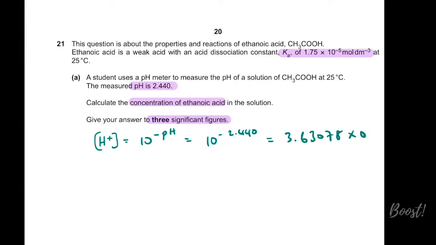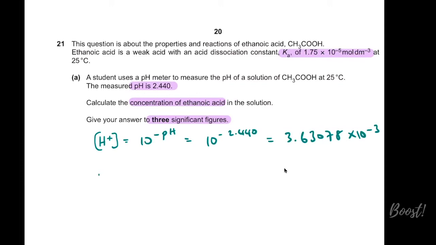3.63078 times 10 to the minus 3. Okay, right. Now we want to look at our Ka expression to figure out how we're going to find the concentration of ethanoic acid.